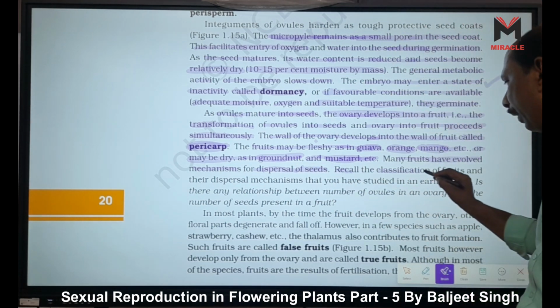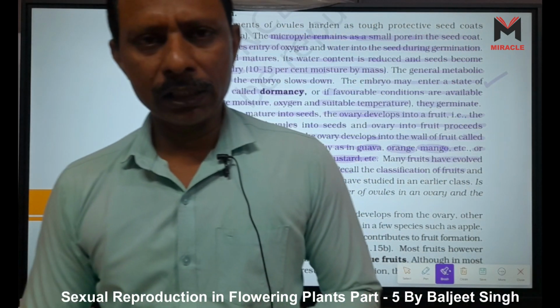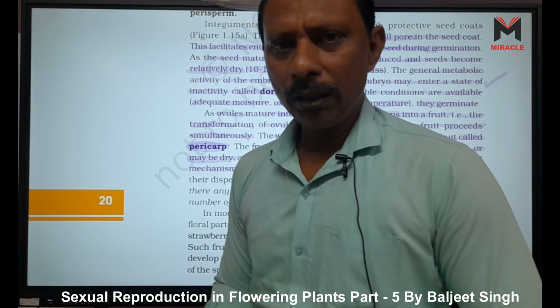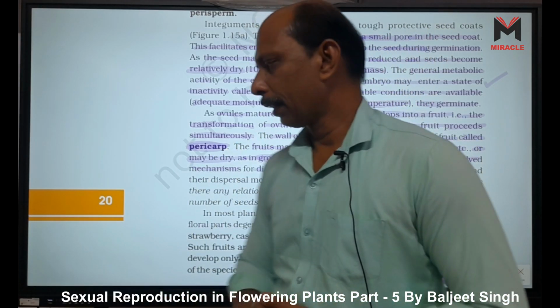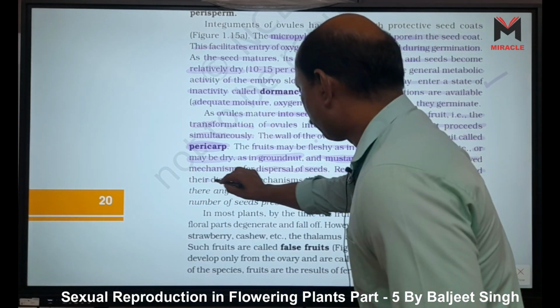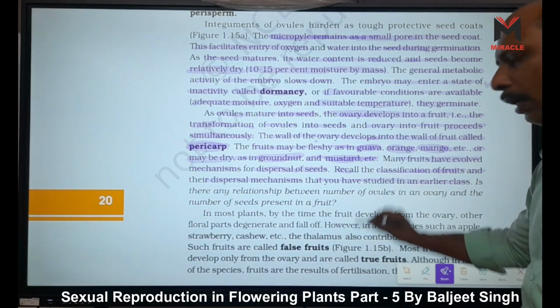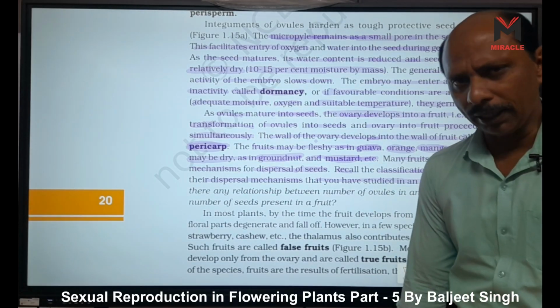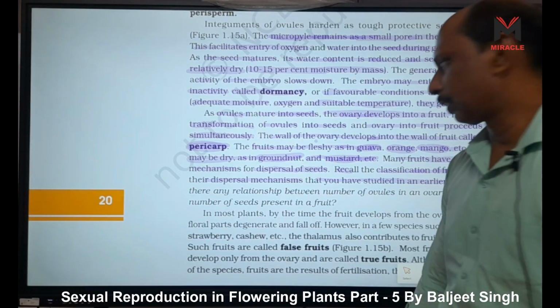Recall the classification of fruits. You have to go into my other lecture, morphology of flowering plants, to understand the different types of fruits, right? Fruits and their dispersal mechanisms you have studied in an earlier class, in the 11th portion, in the chapter morphology of flowering plants.